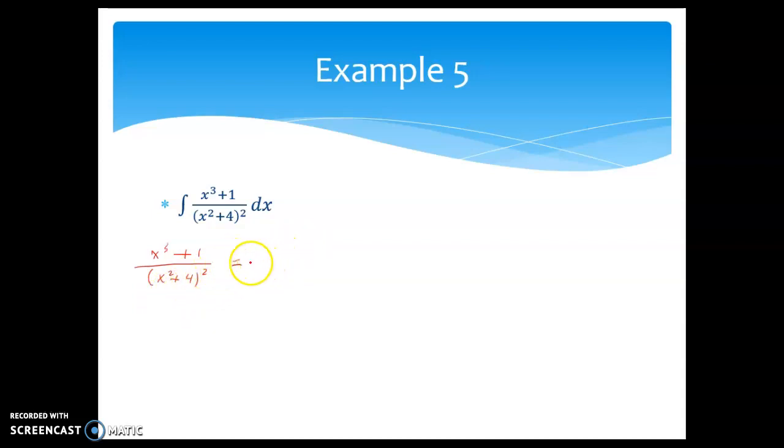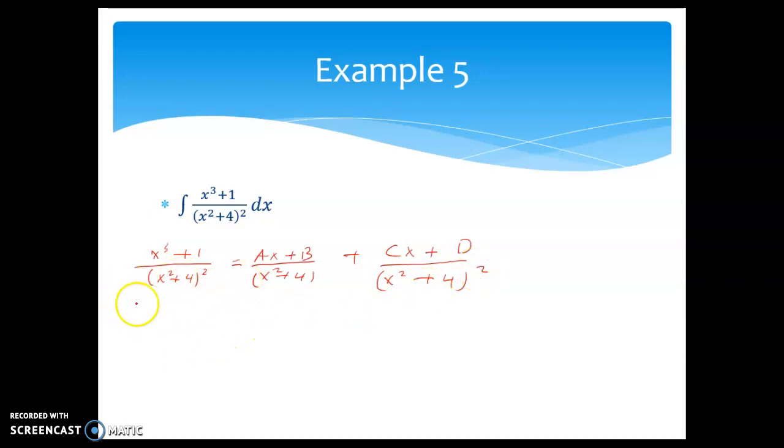So the decomposition of that would be equal to ax plus b over x squared plus 4, plus cx plus d over x squared plus 4 squared.